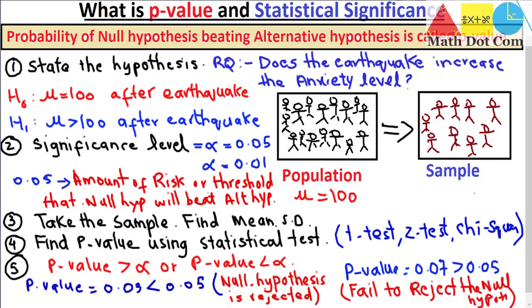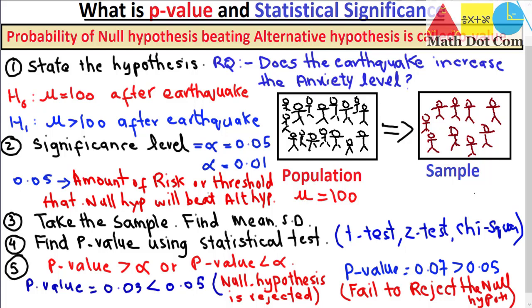It means that the probability of the null hypothesis beating the alternative hypothesis is greater now. That is, the p-value is even greater than the threshold that we have set as the significance level. So we fail to reject the null hypothesis.